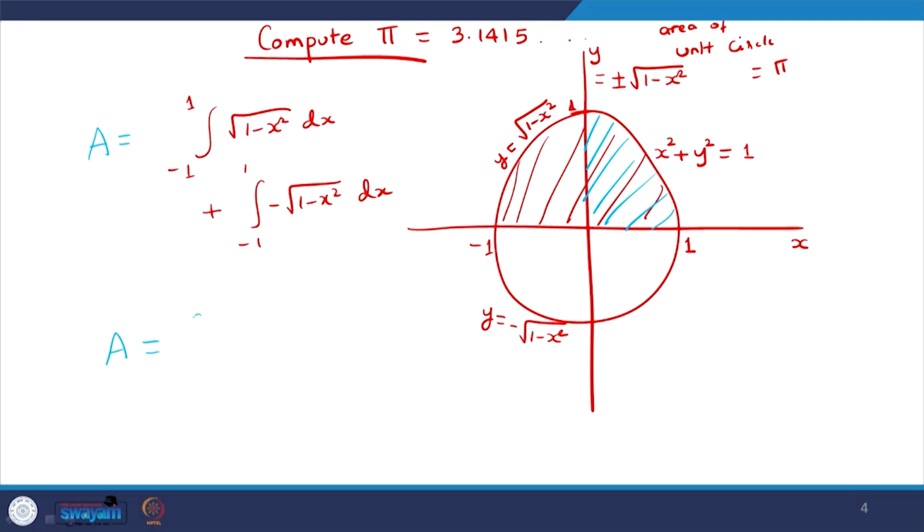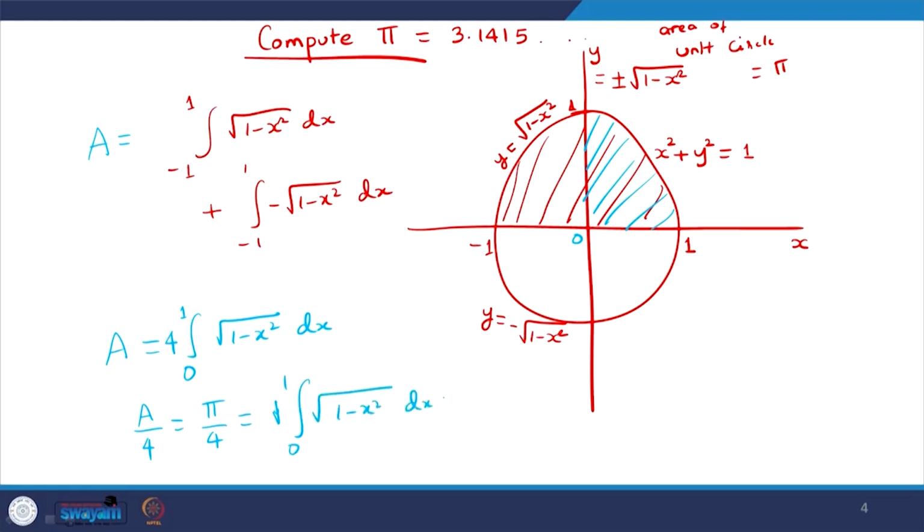We can integrate from 0 to 1 under root 1 minus x square dx, and if I multiply it 4 times, I will get the area of the circle. So, essentially pi by 4 is the integral from 0 to 1 of under root 1 minus x square dx, right.